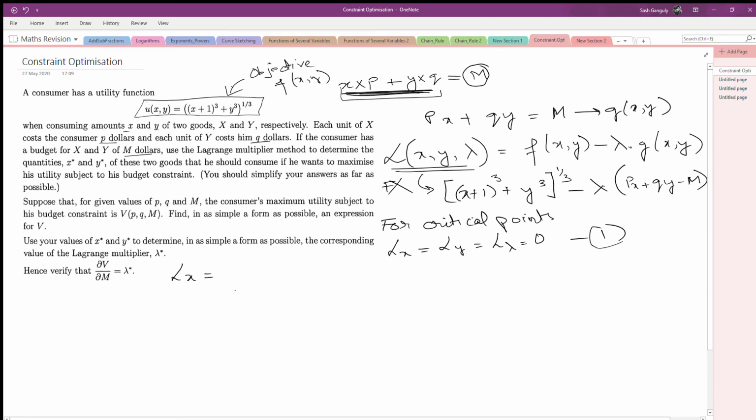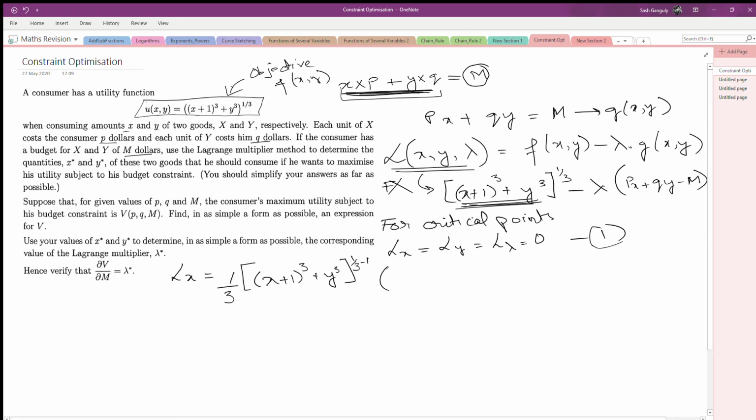So Lx is, if I want to differentiate this, clearly I would need the chain rule. So the outer function first gets differentiated. So I'll have 1 by 3 times the outer function, to the power 1 by 3 minus 1. So I'm using the x to the power n differentiation formula, right? Now that the outer function is differentiated, I multiply that with the differentiation of the inner function.